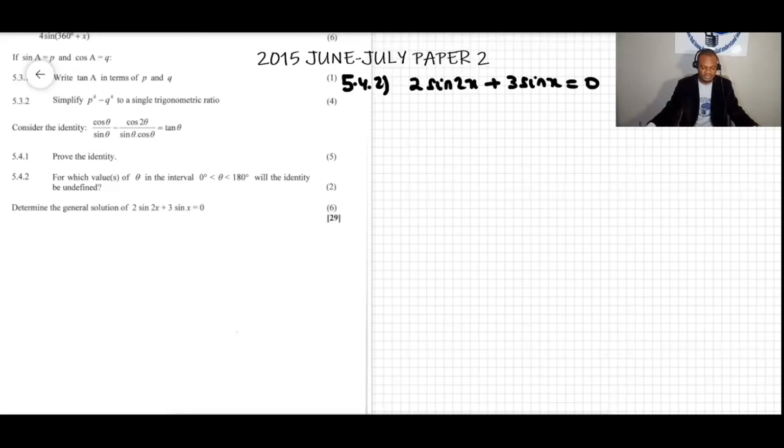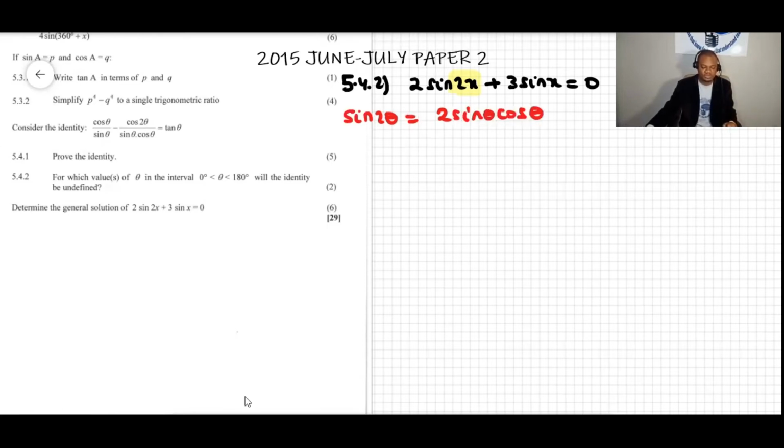Let's start with the identity here. We do know this because we can notice we have a double angle here. We do know this identity for double angle when we have sine of 2 theta. This is equivalent to 2 sin theta cos theta. We're going to apply this formula over here.